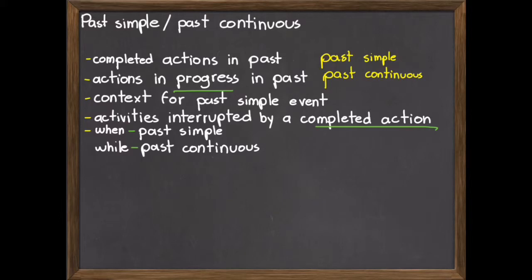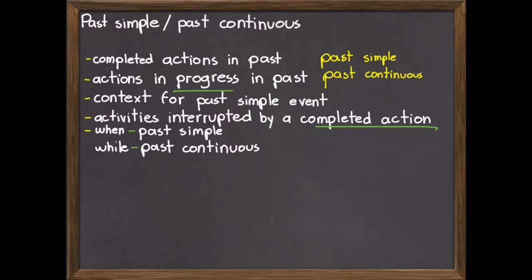For example, I was reading a book when I fell asleep. Here we're using the past simple, and in the sentence I fell asleep while I was reading a book, we use the past continuous for reading a book. Notice that we use both forms of the verb in past continuous and past simple, but in different orders.